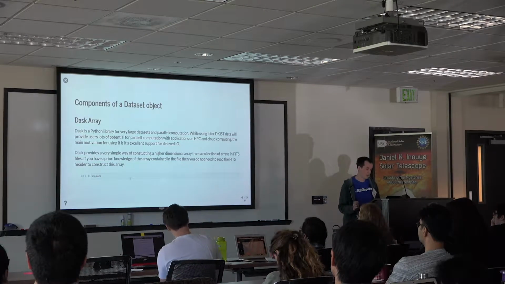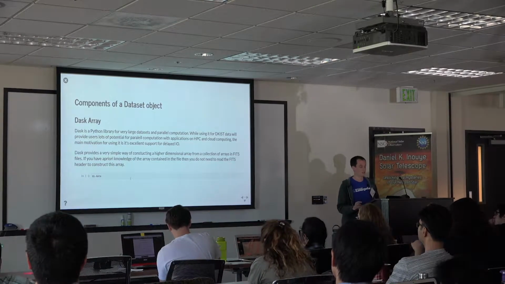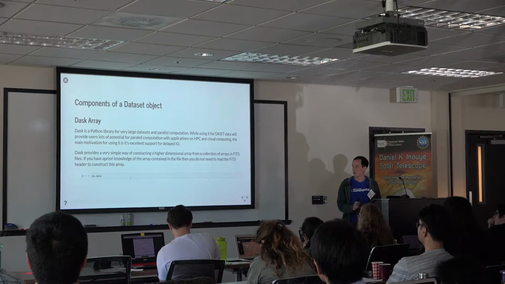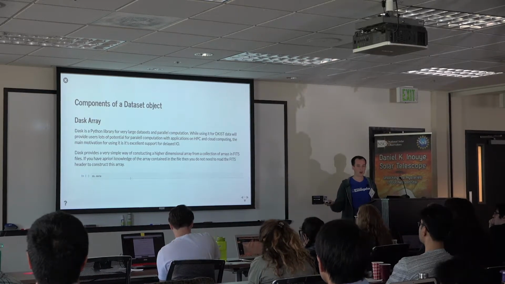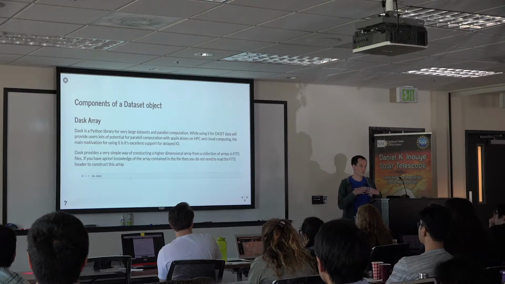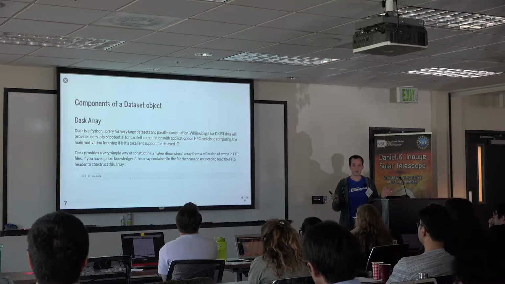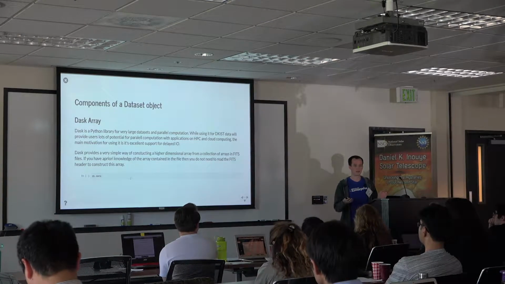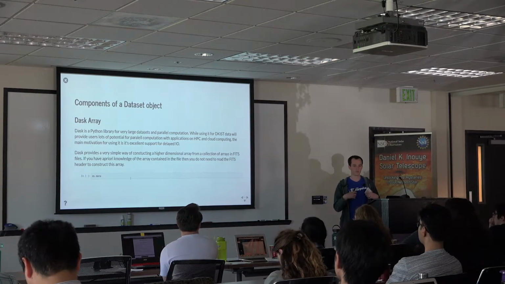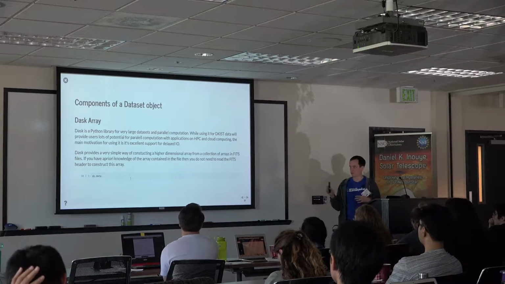Dask is phenomenally good at doing many things. The main thing that I'm using it for is a way of creating an array from a load of pointers to FITS files. So when you access some data in the array, it will open the FITS file it needs to get the data out, pull the data out, and return it to you, and do whatever you want. I've got some demos for that in a minute.